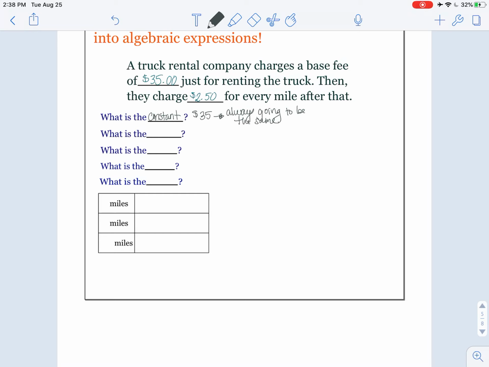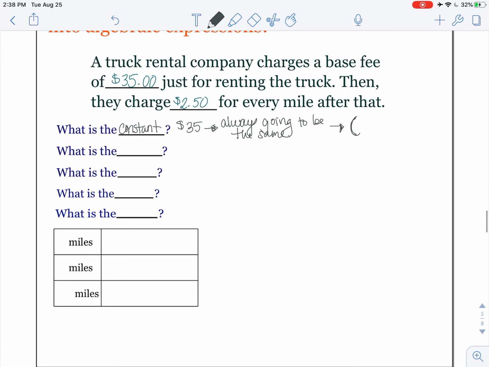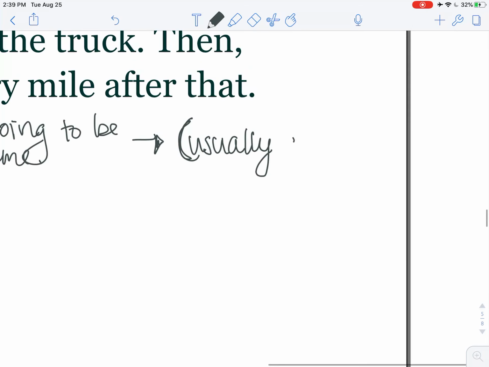And one way to look at this, here's my little hint right here, guys. In these parentheses, I'll be telling you hints to help you identify the constant in the situation. It's usually your starting amount, how much you start with.